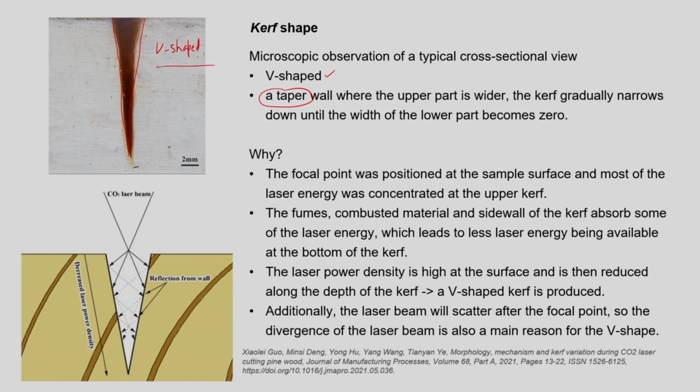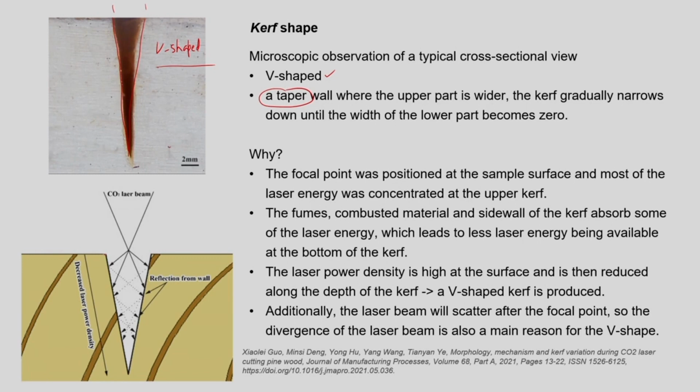So, here there is a taper, there is a wider portion at the opening, and then this opening is getting reduced and it will become 0 at a certain point. Why are we getting this kind of shape? The answer is that the focal point is positioned at the sample surface.